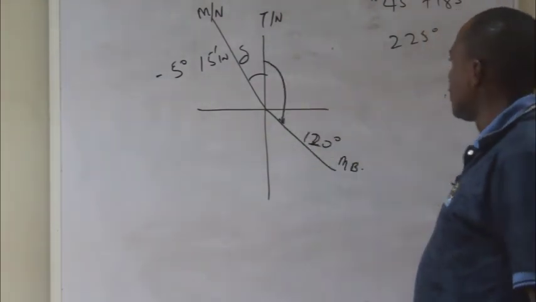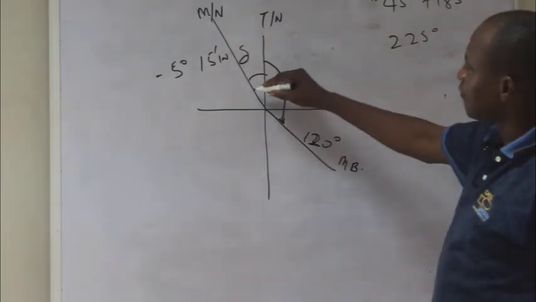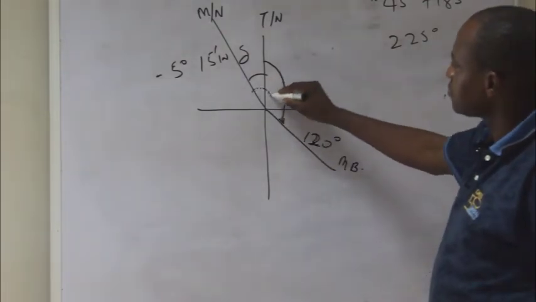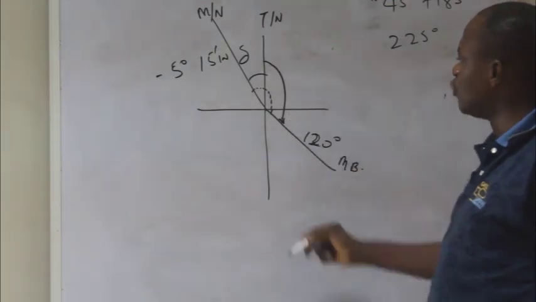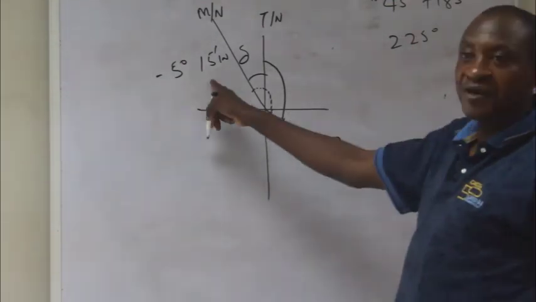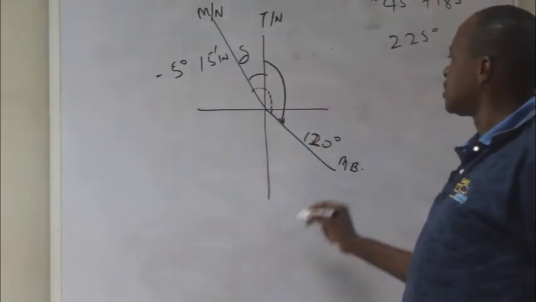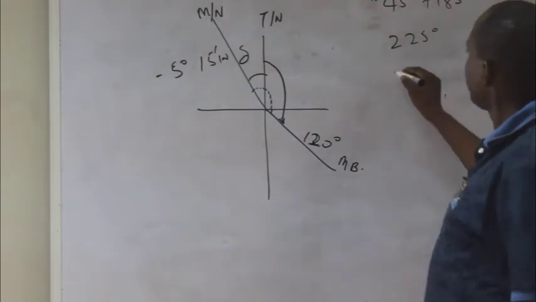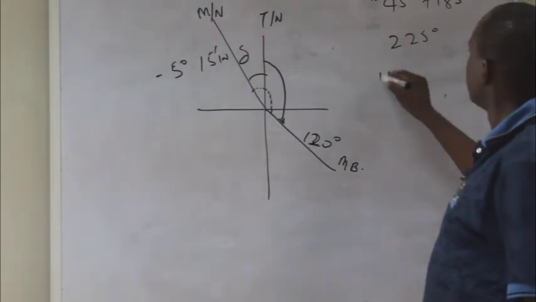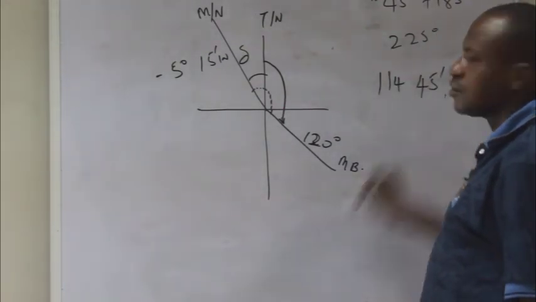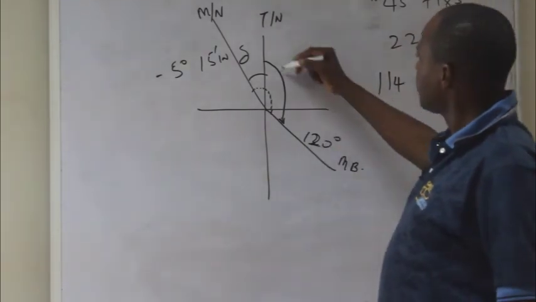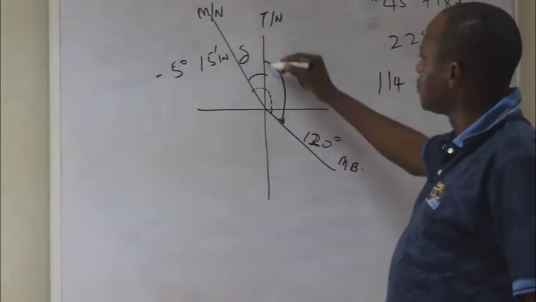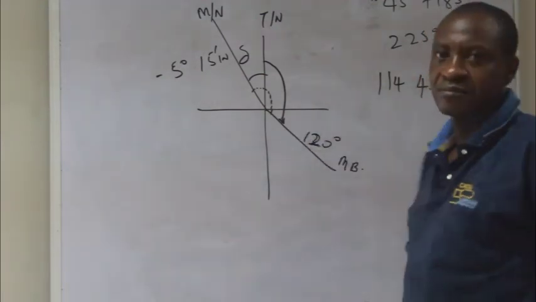In this case now, if 120 runs from here to here, what will be the angle here? So what you do, you just subtract 5 degrees 15 minutes from 120. That gives you 114 degrees 45 minutes. It means that your true bearing will be from here up to this one.